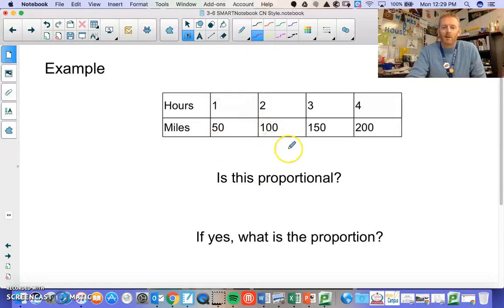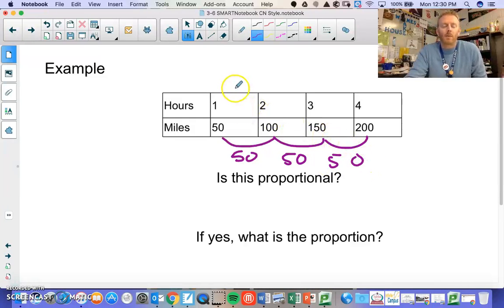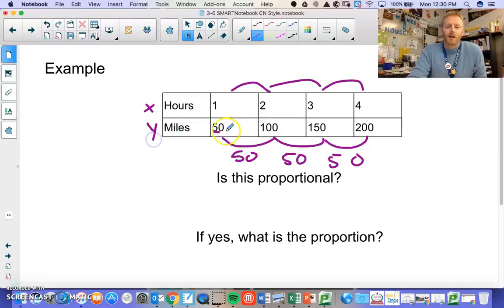You'll notice the miles are going up by 50 every single time, and the hours are going up by 1. These are my x's and these are my y's. We're going to look at these numbers to determine if something is proportional.